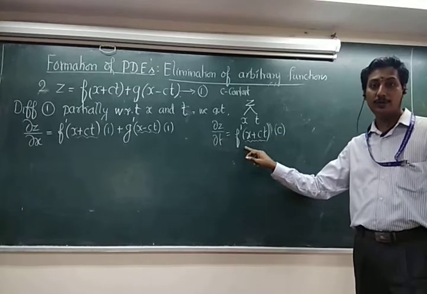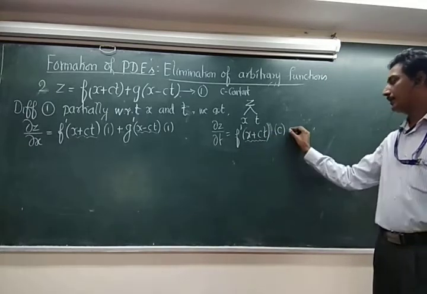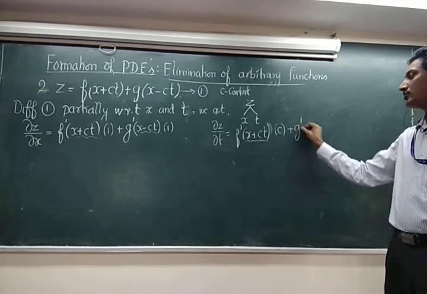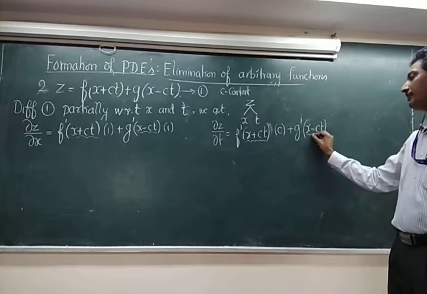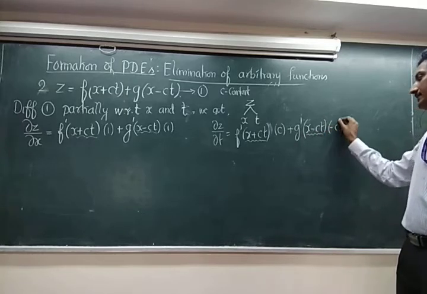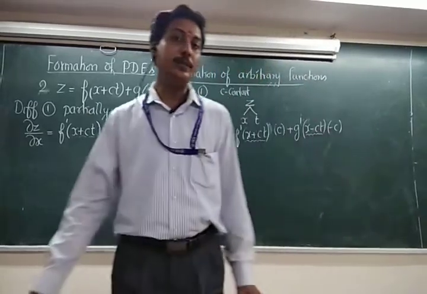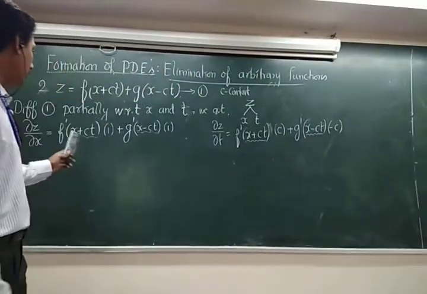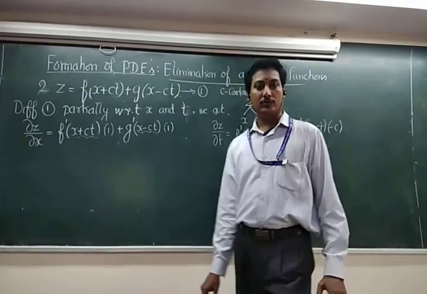X becomes 0, because when we differentiate with respect to t, x is the constant, plus g dash of x minus ct. Once again differentiate this with respect to t, we get minus c. It's clear?